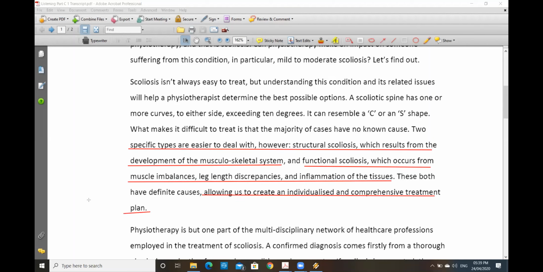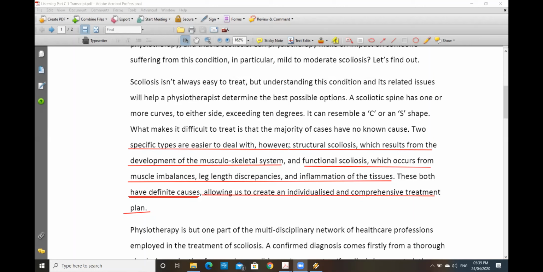So because they have definite causes, we can develop a comprehensive treatment plan for it. So it is not based on symptoms, it is not based on which type we are dealing with, because these are not two main types. He just mentioned them as specific types.